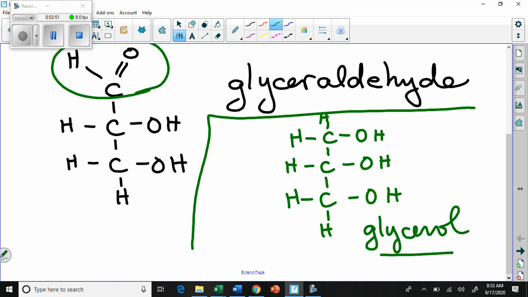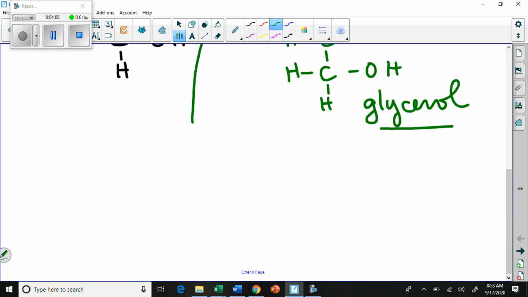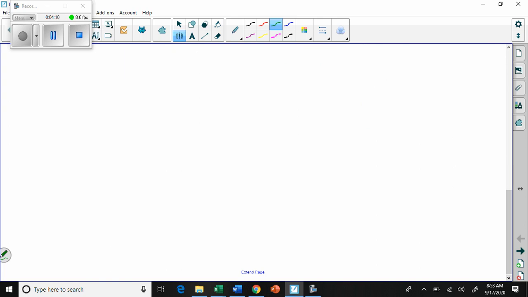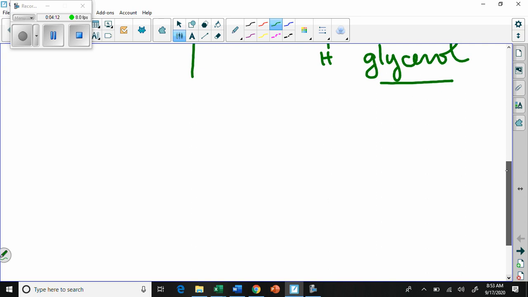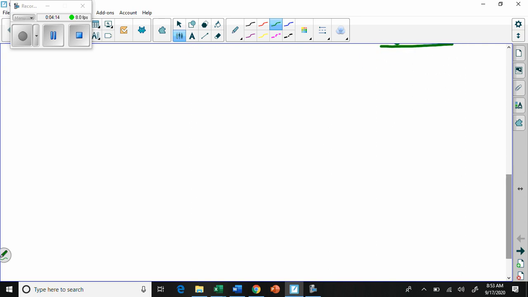I'm going to see if we can find some good pictures here. And there we go. So glycerol. Technically, glycerol is not really a lipid. It's an alcohol, right? It's a small molecule. But it turns out that we can create fats by taking a glycerol molecule.